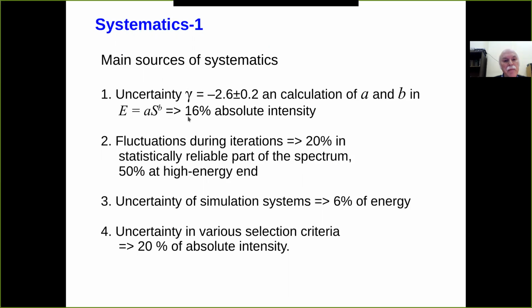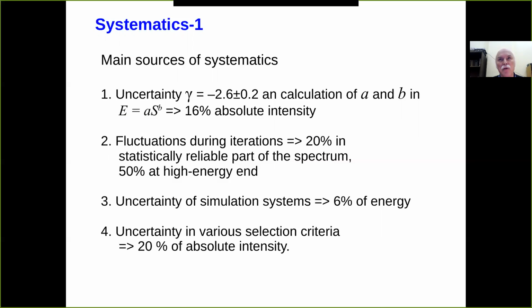This uncertainty produces about 16% in absolute intensity of all spectra. Then there are fluctuations during iterations. These fluctuations produce about 20% uncertainty of absolute intensity in the statistically reliable part of the spectrum, and about 50% at the high-energy end of the spectrum.